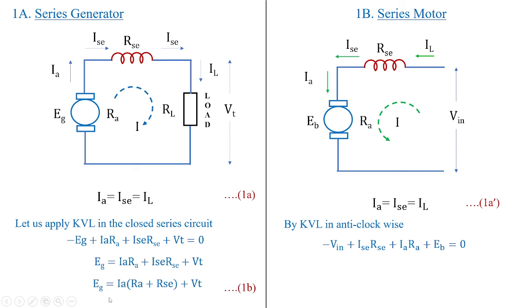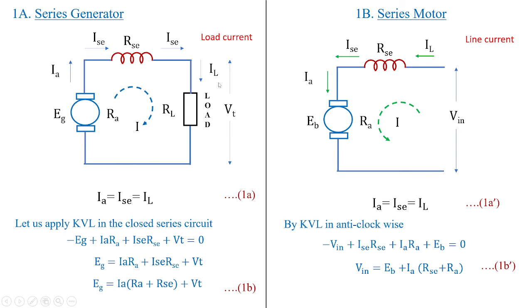So we get EG is equal to IA times (RA plus RSC), with IA taken outside because the same current flows through both, plus VT. Whereas in the case of the motor, we get V in is equal to EB plus IA (RSC plus RA). That is the main difference between the formulas for the terminal voltage and the input voltage of the two machines respectively. So these two formulas are very important.